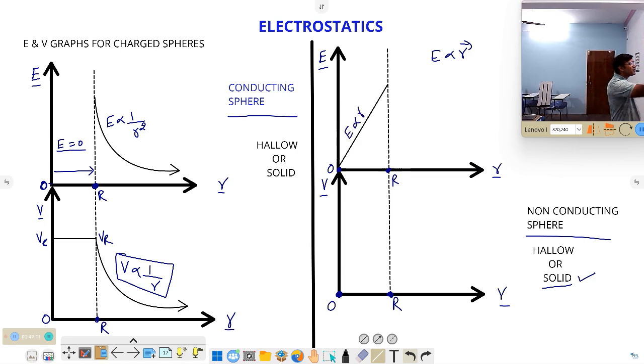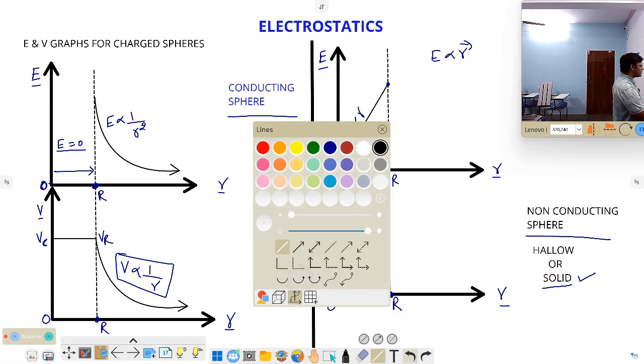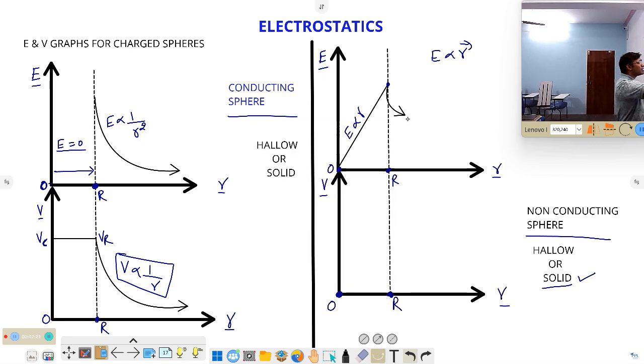Now from the surface to outside, as the distance increases, the electric field decreases. It follows a curved path outside. That means the electric field outside is always inversely proportional to the square of the distance of the point. So this is for the case of electric field versus distance.